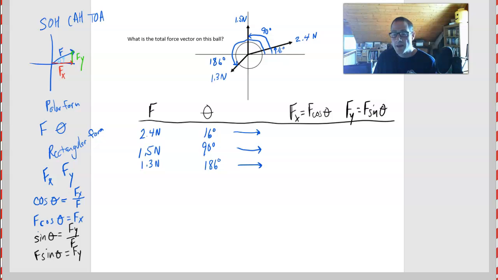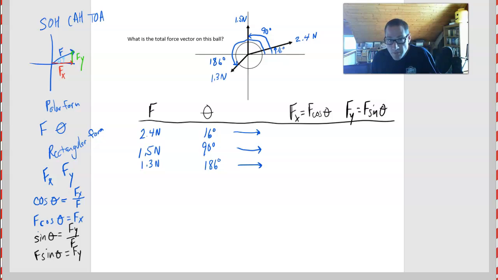Okay, and now we just simply do the calculations, and I didn't do the calculations beforehand, so I'll do them quickly here. It shouldn't take very long. So the cosine of 16 degrees times 2.4, and again, you probably want to leave as many digits as you can in this part, but when we come back to the final answer we're going to have only 2 digits for each one.